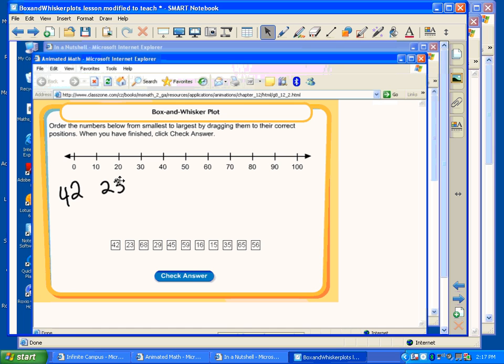If you don't have a ruler, go get you one off the shelf. Okay, so get started drawing your number line. Then when you're done, write those numbers down and get them in order. Start finding your quartiles.